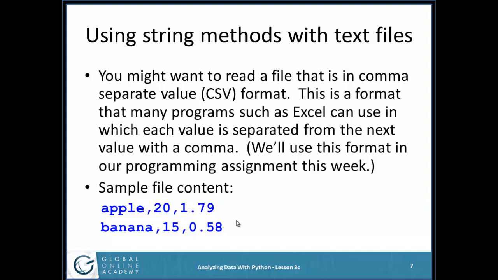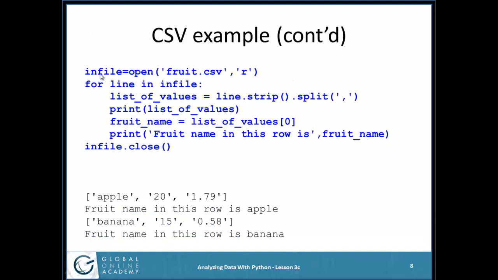Well, how can we read this? Let's say I do InFile equals open, and I've got the file in something called fruit.csv. I open it for reading. I'll go through a loop for each line in InFile. Okay, now I've got a line that has something like apple, 20, 1.79.